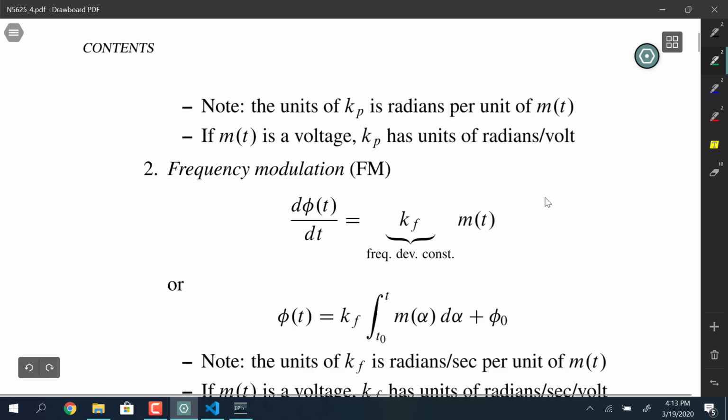And Kp is that constant. It has units of radians, say, per volt, if it's a voltage waveform at the modulator.